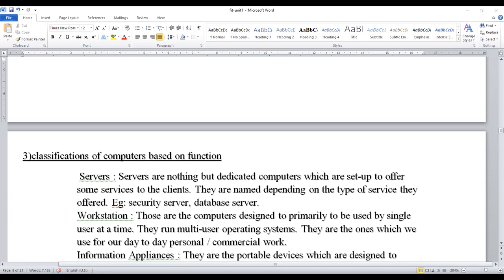This is an olden days hybrid computer, and now we have this form, a new hybrid computer.